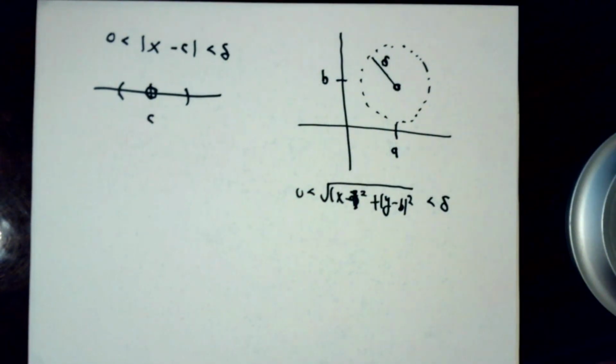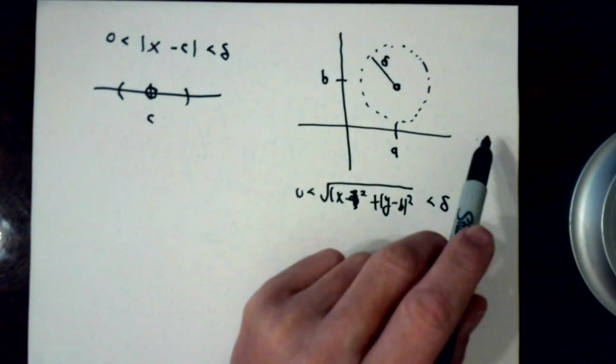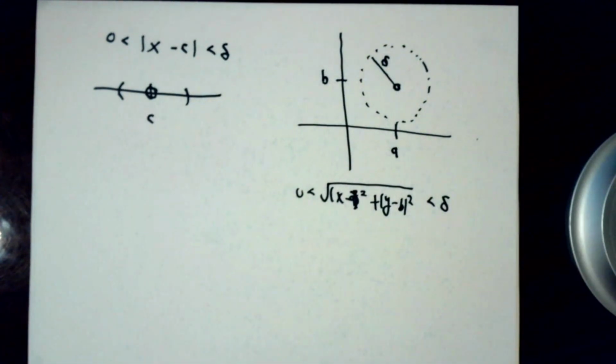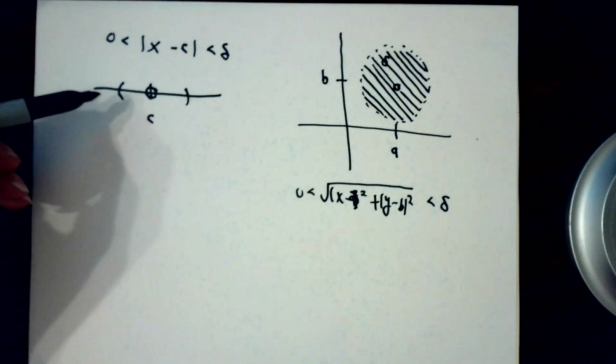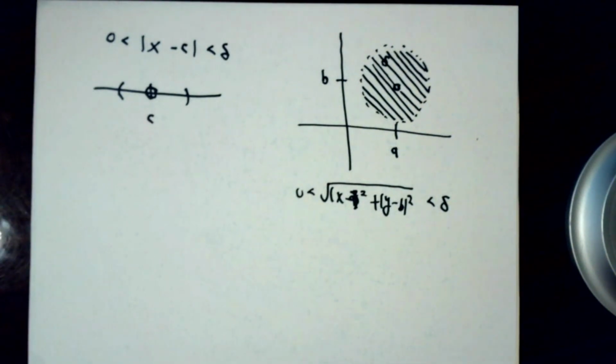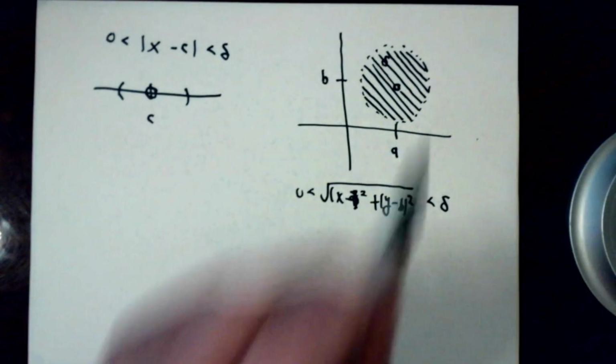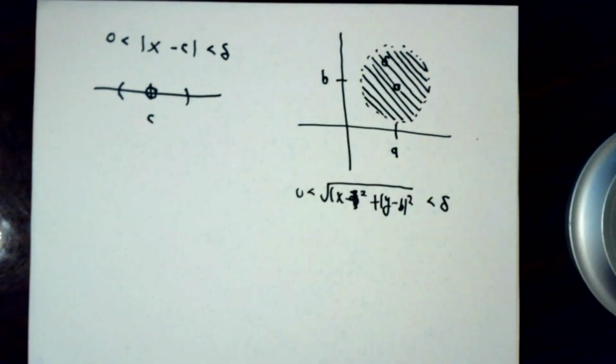If the distance were bigger than delta, I would be outside the circle, and if the distance is smaller than delta, I'll be inside the circle. As a result, the thing in 2 independent variables that corresponds to this is not anything as nice as just an interval. You draw a disk, exclude the boundary of the disk, take out the point in the middle, and that's what our set is going to look like.